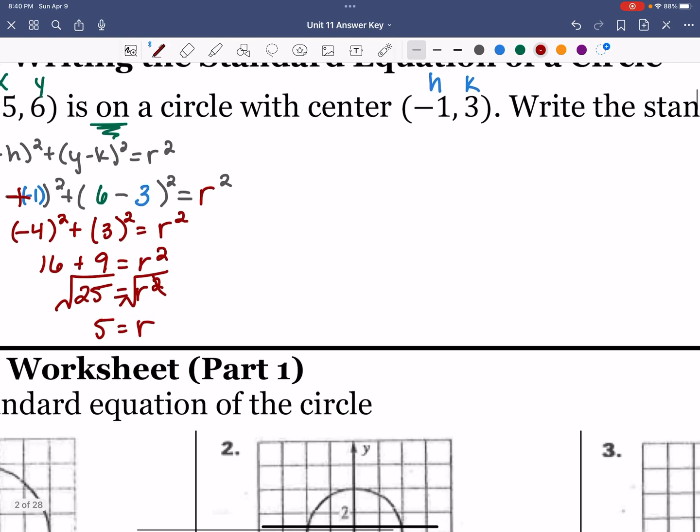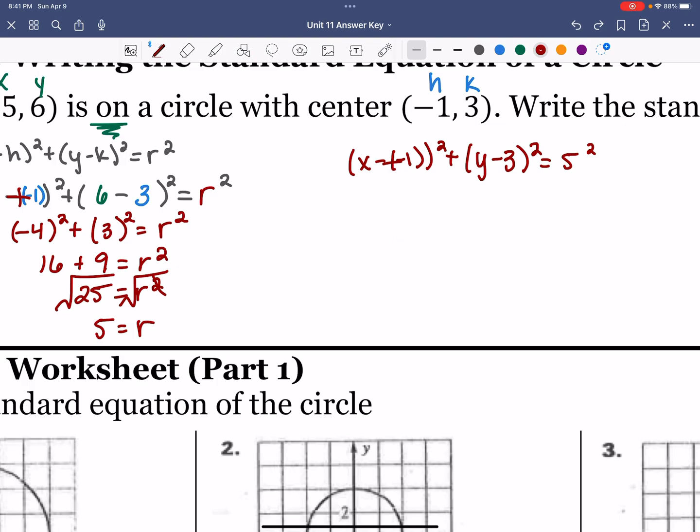So I'm going to come over here and rewrite my equation with everything I just did. So I'm going to say x minus a -1 squared plus y minus 3 squared equals 5 squared. And then I'm going to simplify this. This is going to be x plus 1 squared.